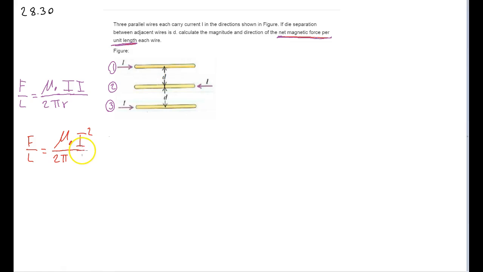The distance will be D, because it's only one time D. If it was going from wire 1 to wire 3, then it will be 2D, because it's 2 times D.